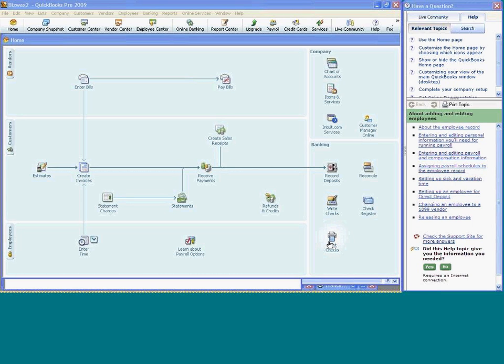Employees are both 1099 or W-2. Okay. Another thing which is very important about employees is that employees also can have the checks deposited directly.